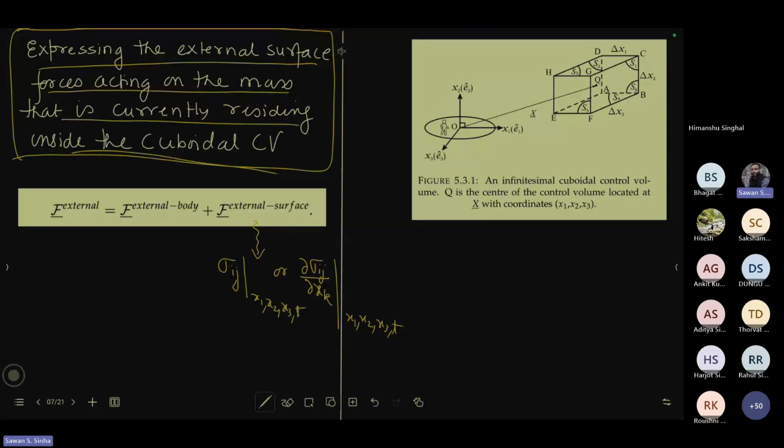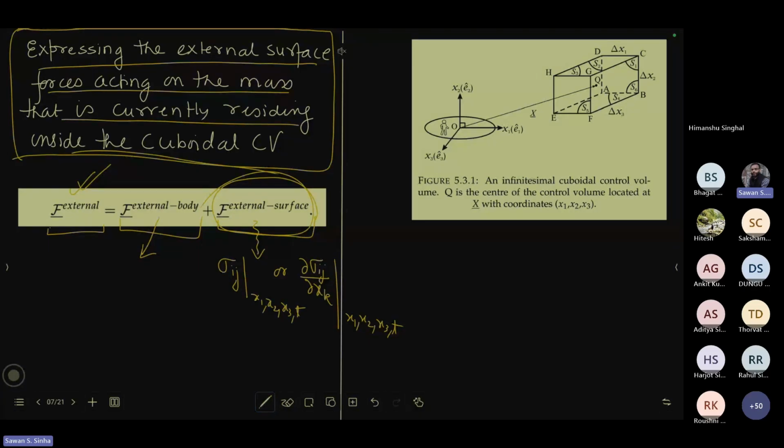Previous class, we realized that the external forces can be divided into two parts, external body and external surface. Body force expression I obtained last time, assuming the body force to be the gravitational force. This is what I needed an expression for.